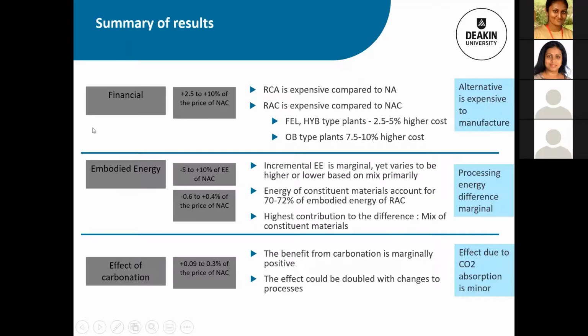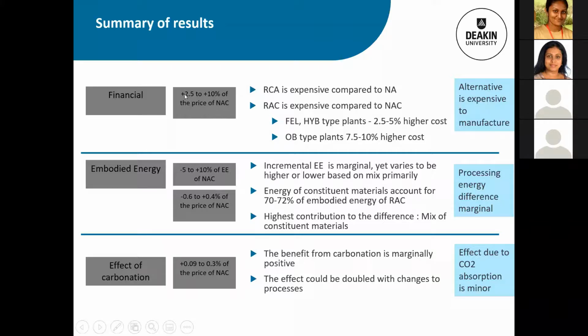The financial assessment basically provided the answer that the alternative is expensive to manufacture. So different manufacturing plants have different types of cost responses. Highly automated plants had a higher overhead. It had a higher cost in terms of manufacturing because they have additional feeding lines, additional storage, a lot of additional things to be incorporated with the introduction of a new material.